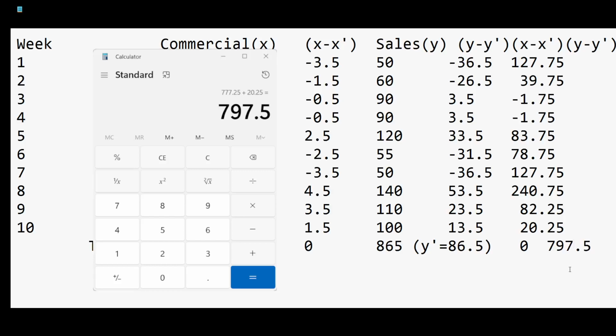So that data is important to us in computing our answer.